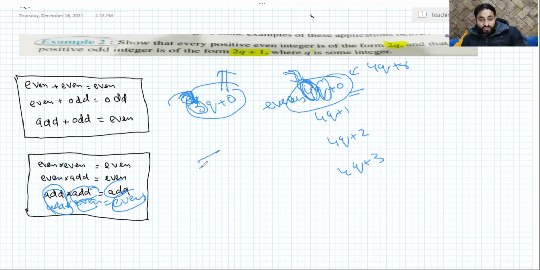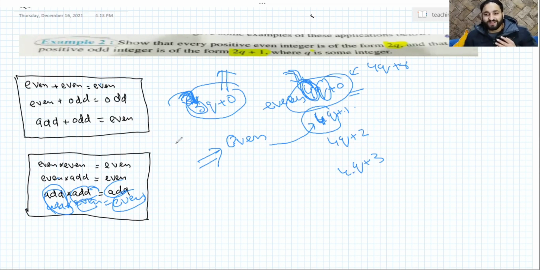In the questions, if he is asking about even or odd, then it's necessary that this number should be even, because then this whole part will be even, and even plus even will be even, even plus odd will be odd. You got it?